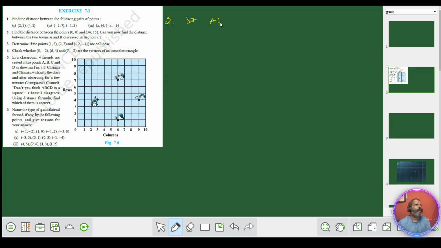Let A of 0, 0 be x1, y1, B of 36, 15 be x2, y2. Therefore, by the distance formula, what can we write?